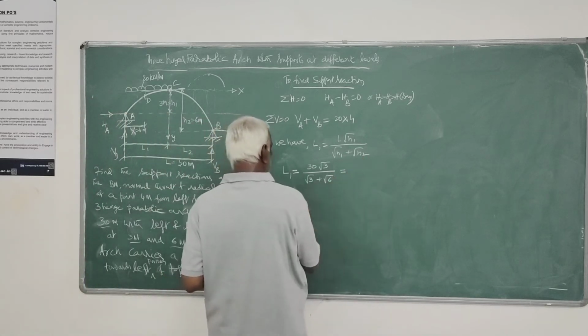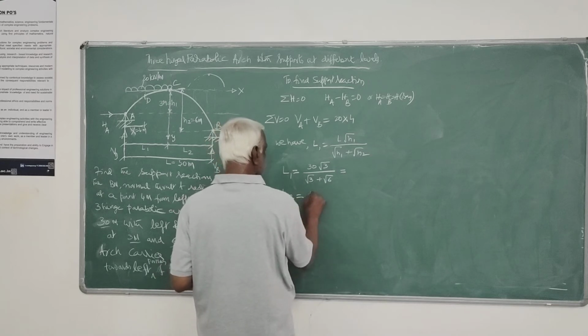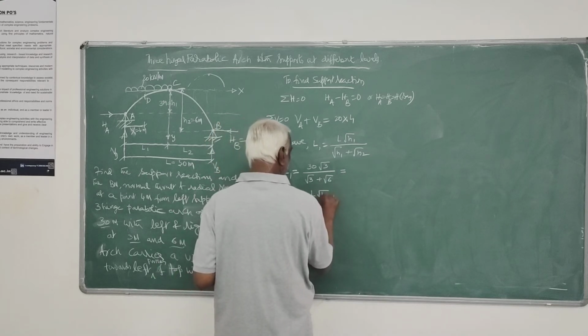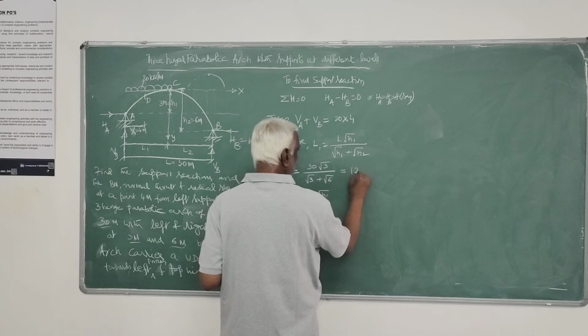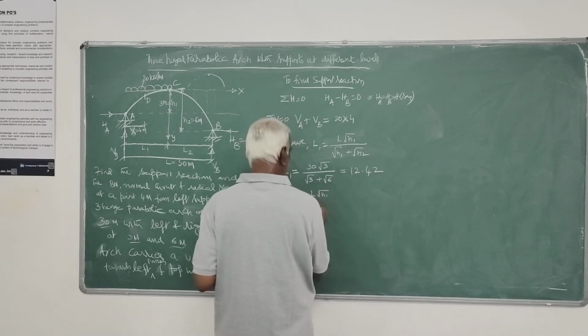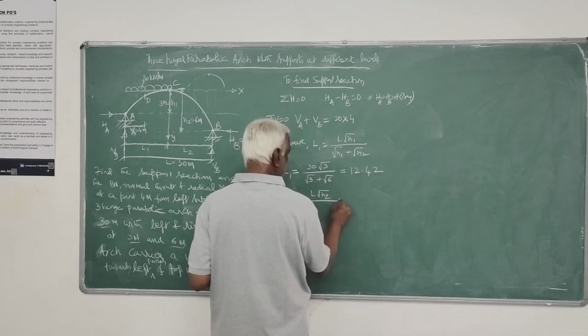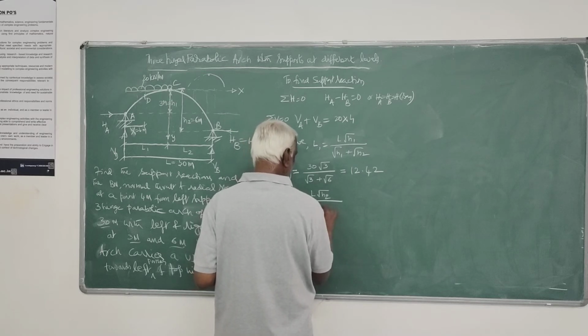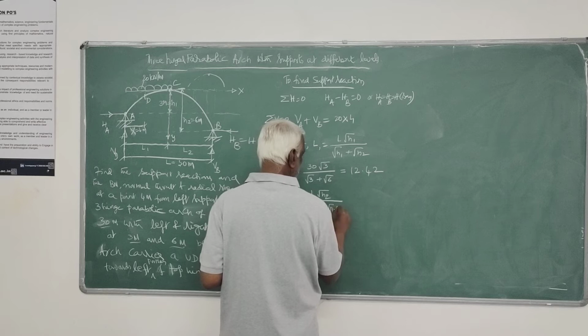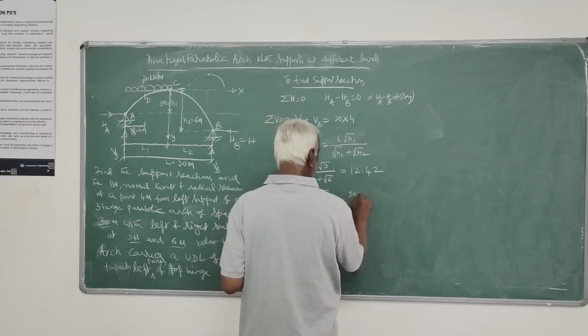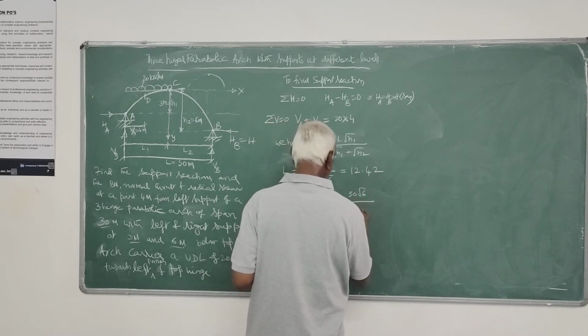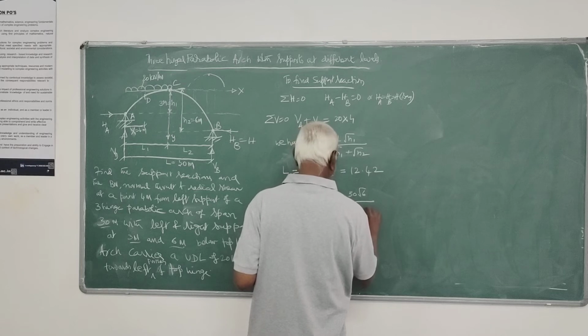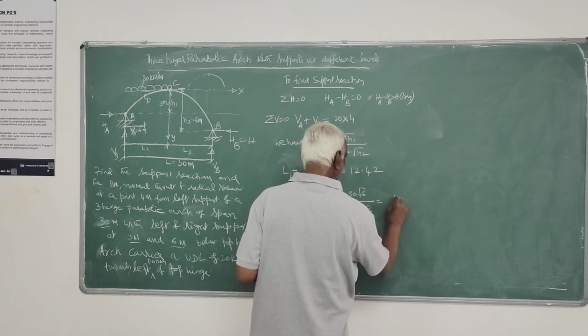L1 is 12.42. Similarly, L2 equals L root H2 divided by root H1 plus root H2, which is 30 root 6 divided by root 3 plus root 6, equal to 17.58.